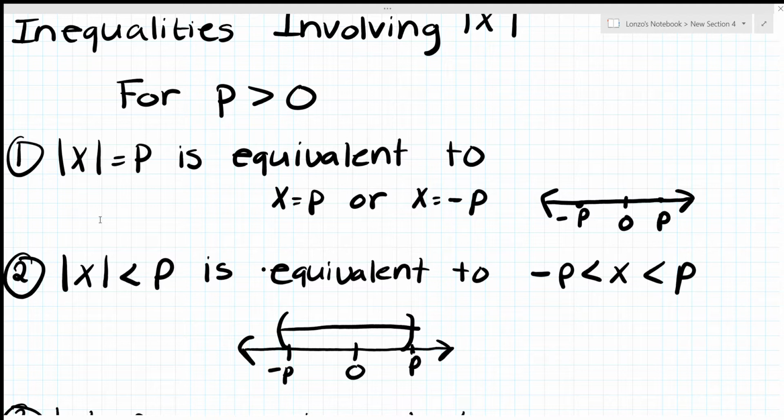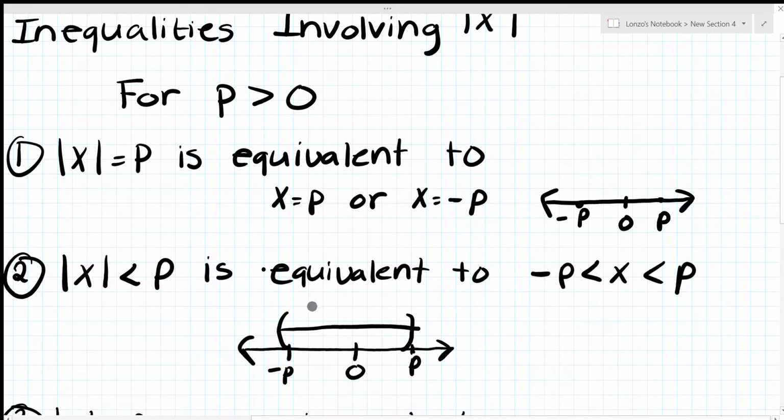Rule 2 says the absolute value of x less than p is equivalent to negative p less than x less than p. So what they're saying is when you have an absolute value, like absolute value of x, and you have that less than, you're going to have an "and" problem.